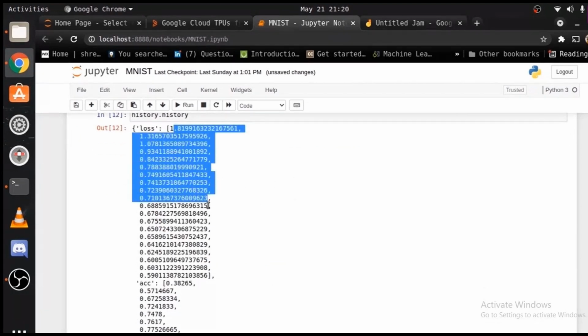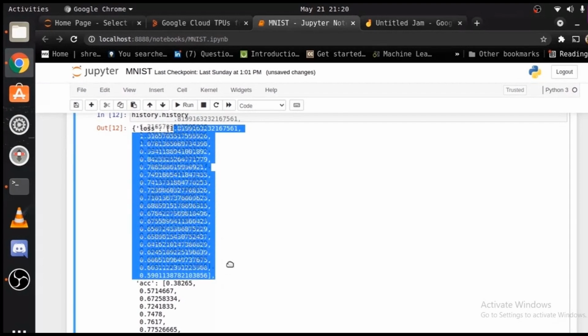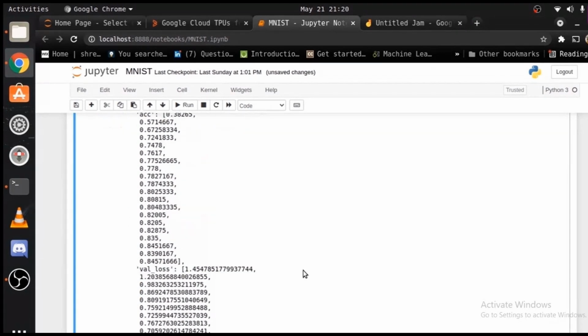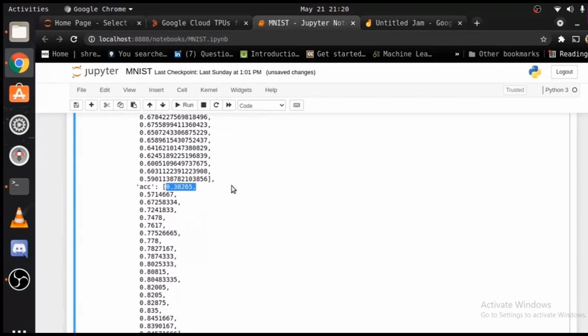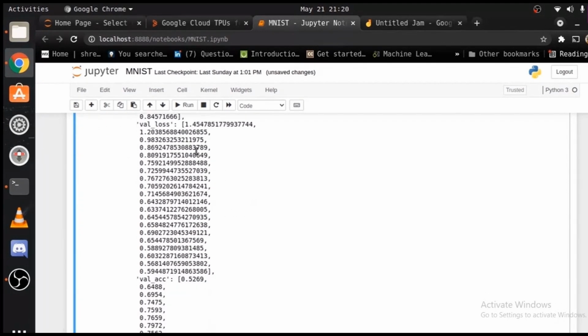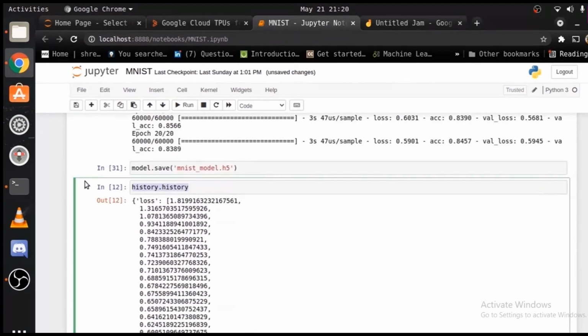So these are the different losses and these losses are from say the first epoch and this keeps on decreasing till the final epoch. Same way we have accuracy, this is for the first epoch and here you have the final epoch. The same way we have validation loss and validation accuracy. So this is how we save the history variable.